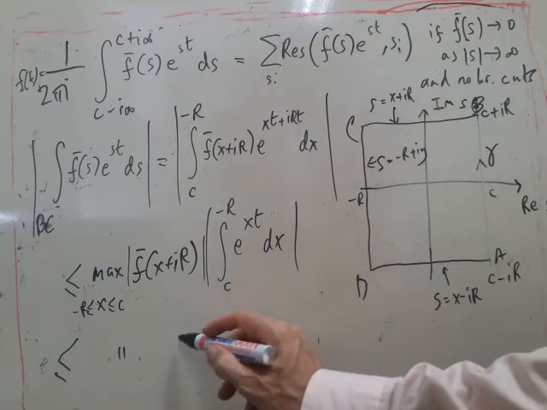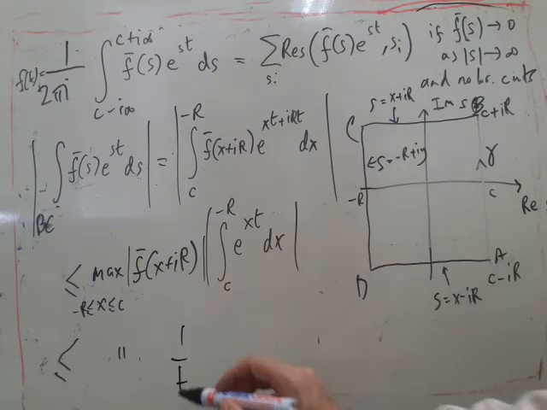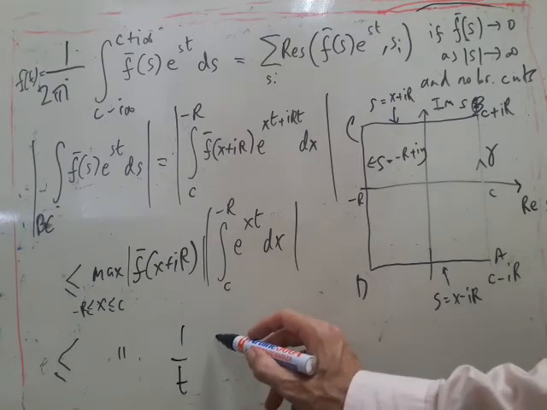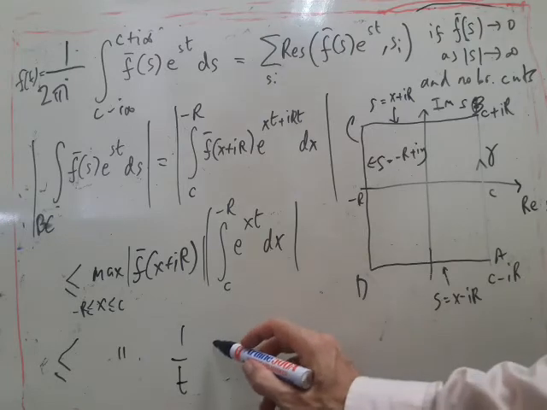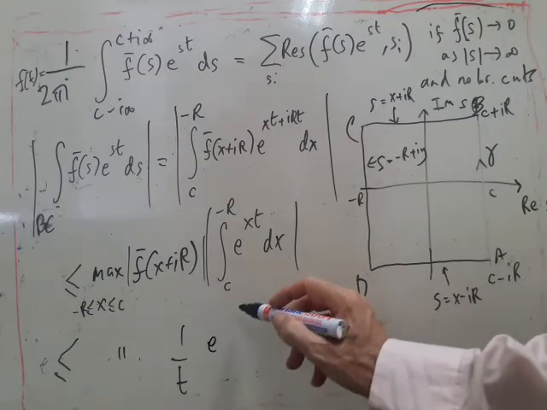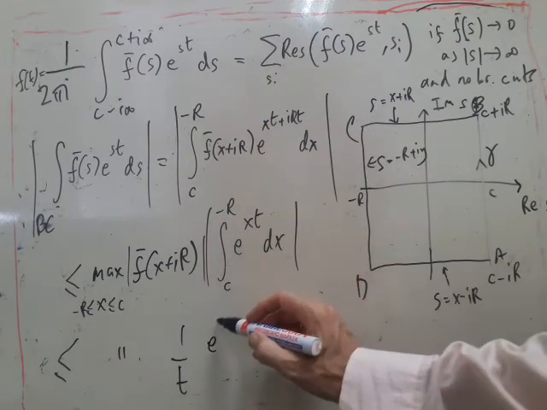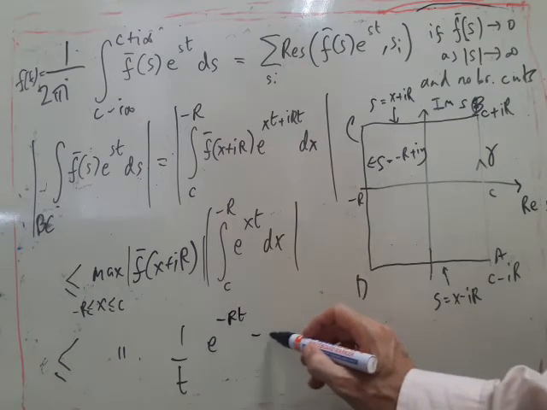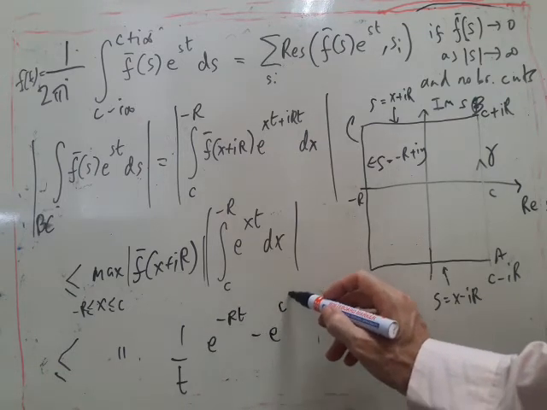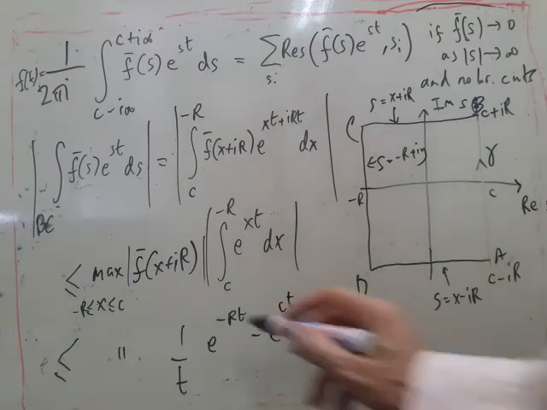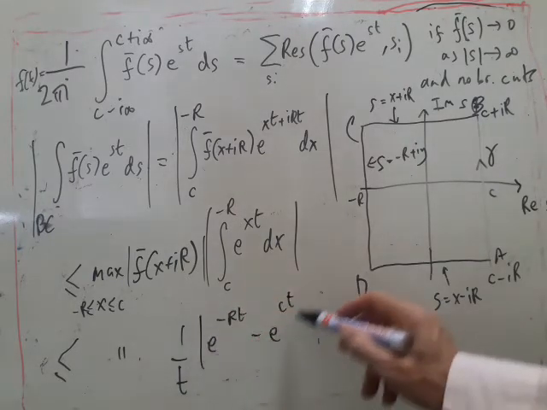So this is going to give me 1 over t times e to the minus rt minus e to the ct, all mod signed.